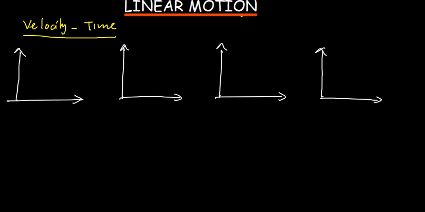So the x-axis always represents time for any graph. Now because this is a velocity time graph, the y-axis is going to represent velocity. Now when you have got a line just like this, you can see it's just on the x-axis.